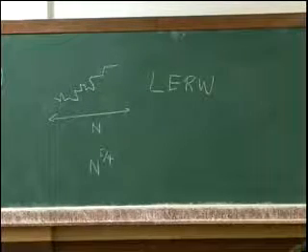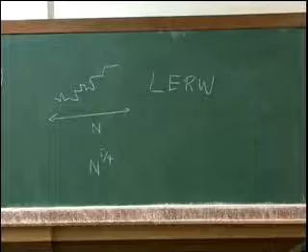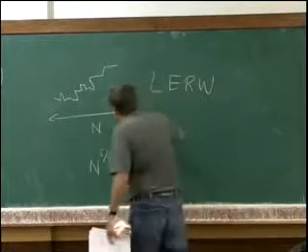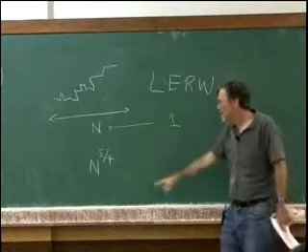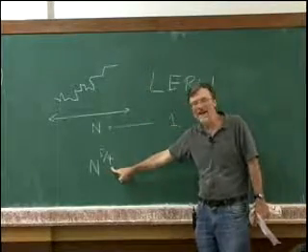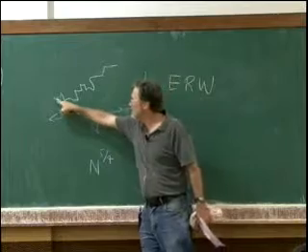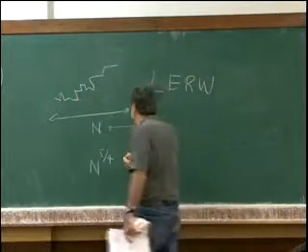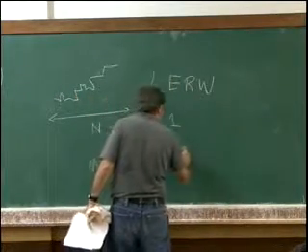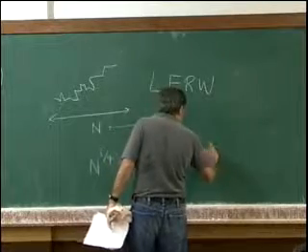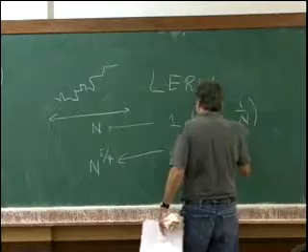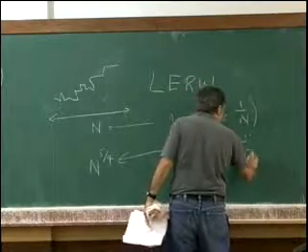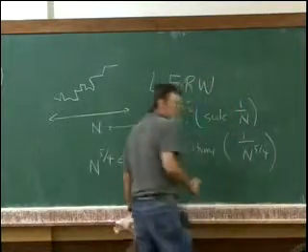So what you would probably do, if you want to scale this so that this distance was 1, is this: you've got n to the 5/4 steps here, each with time 1, 1, 1, 1. You scale time by 1 over n to the 5/4.